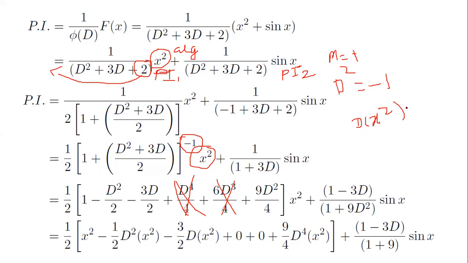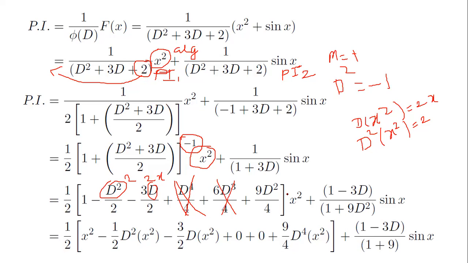D of x² is 2x. What is D² of x²? That is 2. So in the place of D² you can substitute 2, and in the place of D you can substitute 2x, wherever they appear.